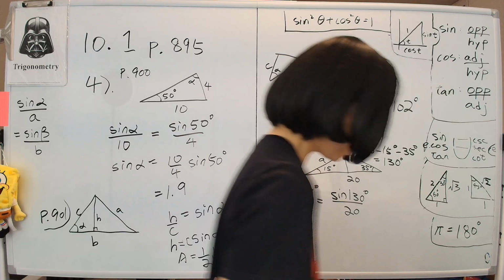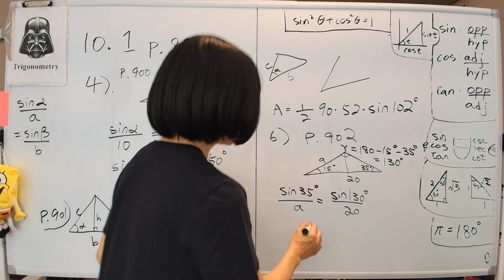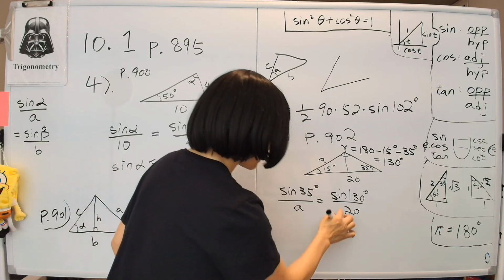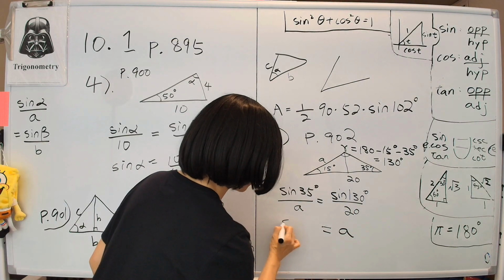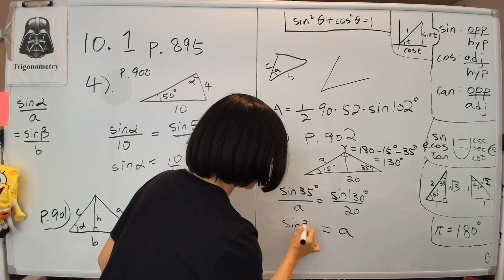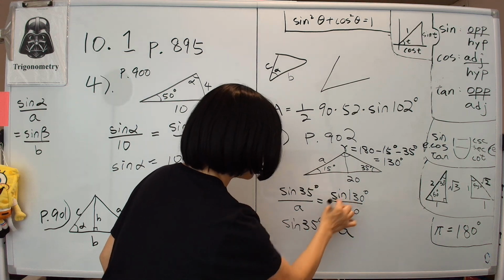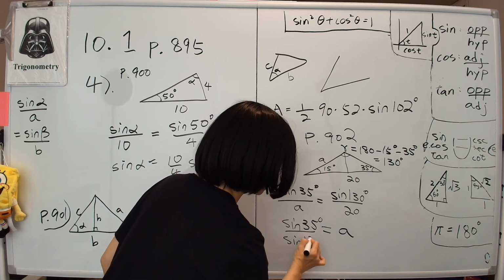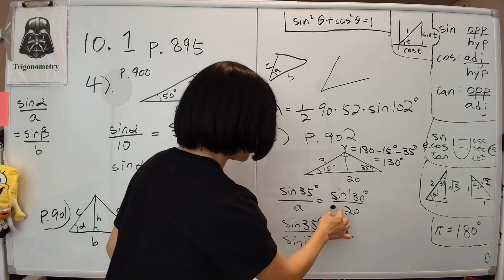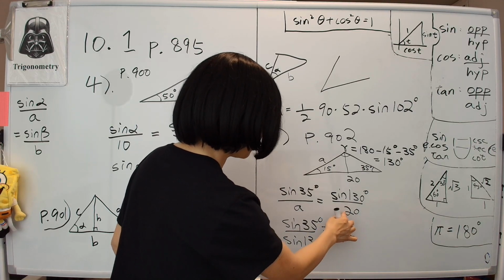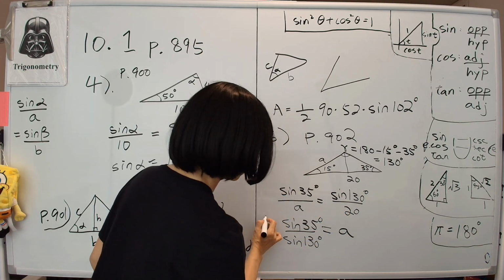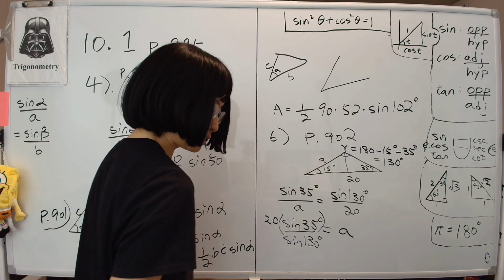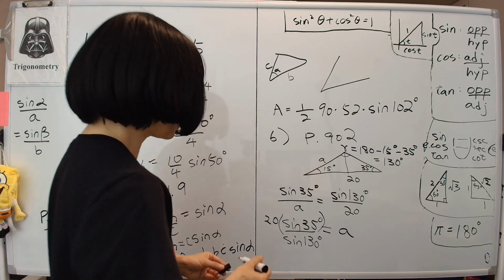That means A equals, so let's move A up there. So A is up there, and the sine 35 stays, 35 degrees. Move the sine 130 down here, 130. And then move the 20 across up. So 20 goes up here. All right, so that should do it. That should give us the A.